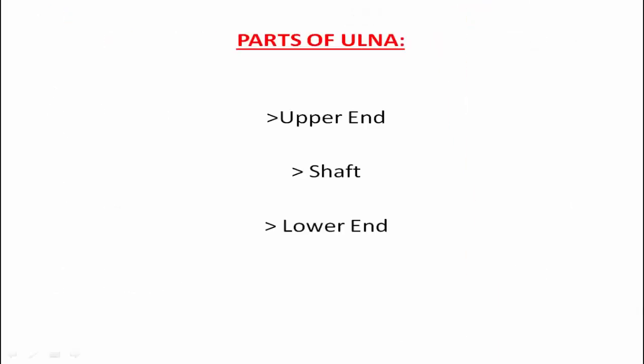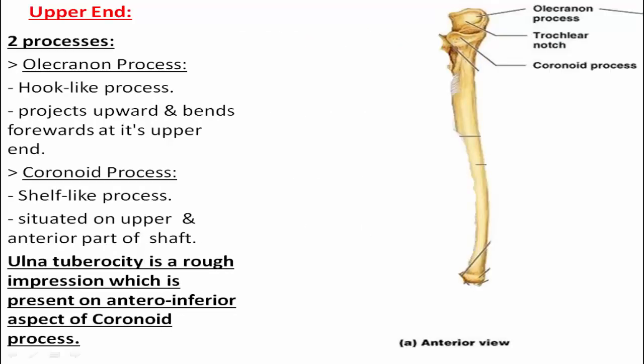Now about the parts of the ulna. Ulna is divided into three parts: upper end, shaft, and lower end. In the upper end, there are two processes. One is the olecranon process, which is a hook-like process.